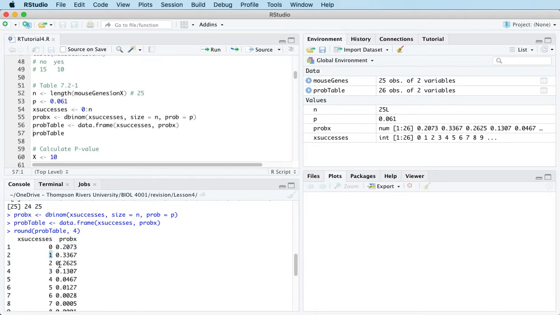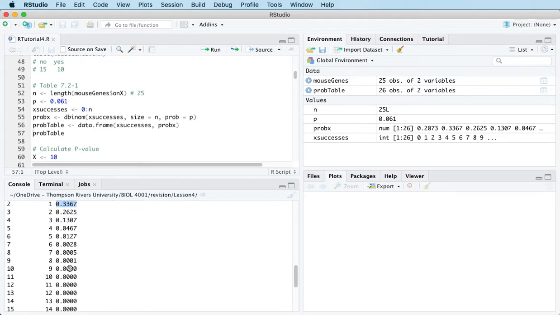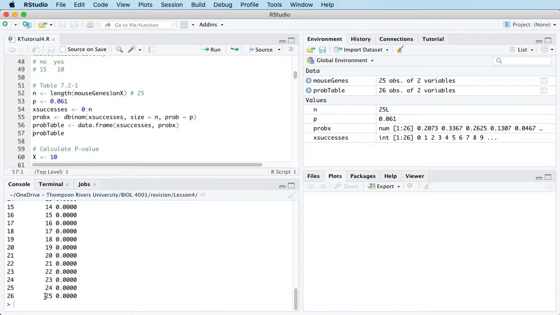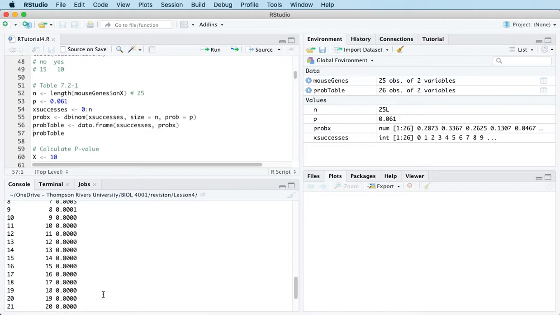Probability of getting 1 gene on the X chromosome is 0.3367, and so on, and all the way up to the probability of getting all 25 genes out of the sample be on the X chromosome. It's a very small number, 0.0000 to 4 decimal places. Okay, so that's a table of probabilities that we can use to calculate our p-value.